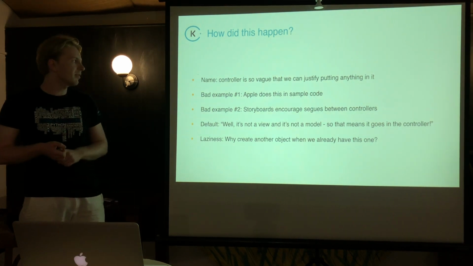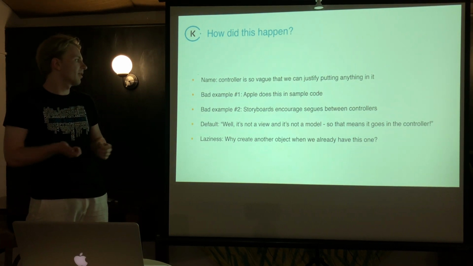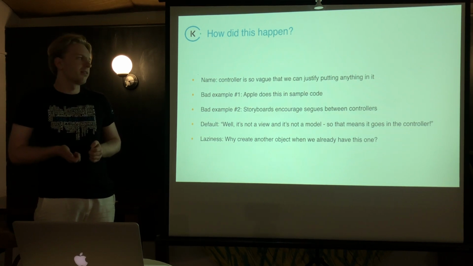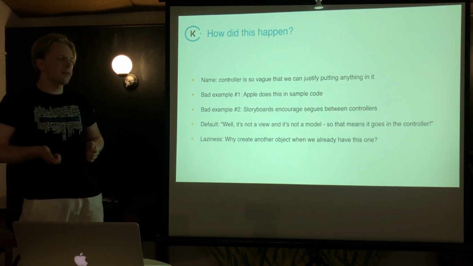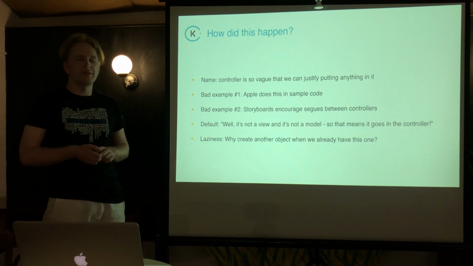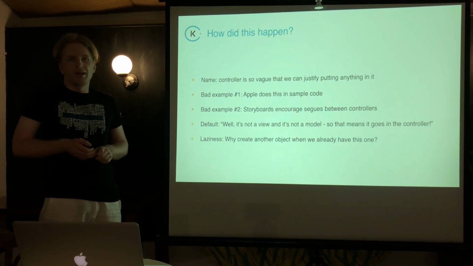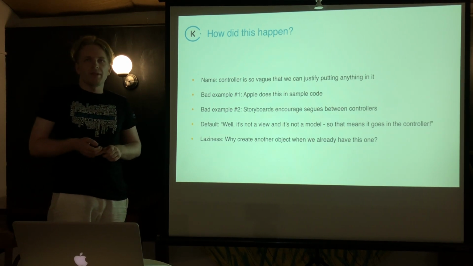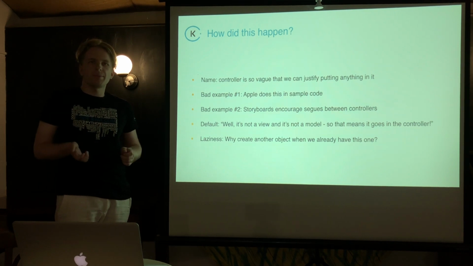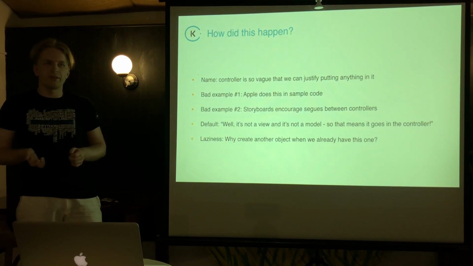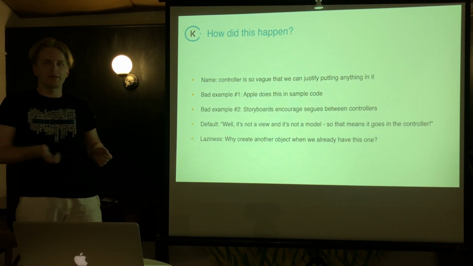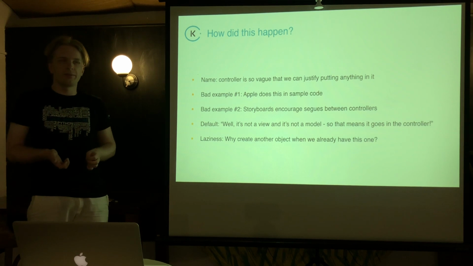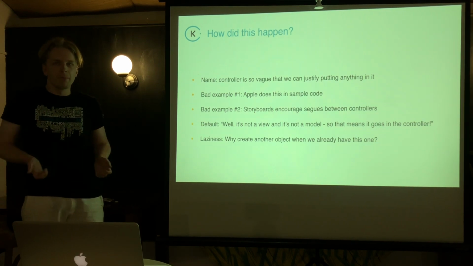First of all, the name view controller is just very vague. You can justify putting anything else in there. In Apple's sample code, in their presentations at WWDC, they also just put things in the controller because they want to make a simple point.